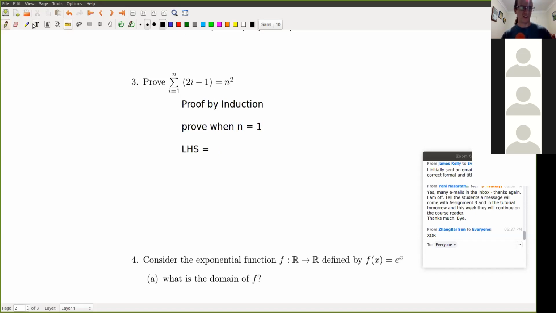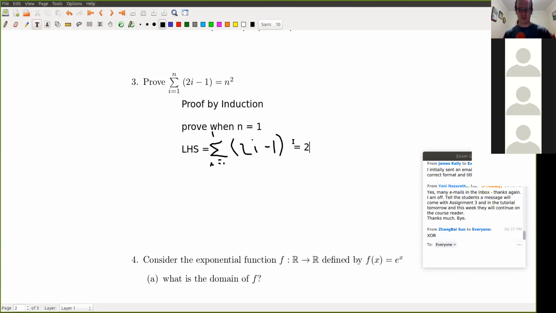I'll try this. So, no, I'm scared this is going to go badly. Sum i equals 1 to 1 of 2i minus 1. That's really terrible. I will write this up for you.